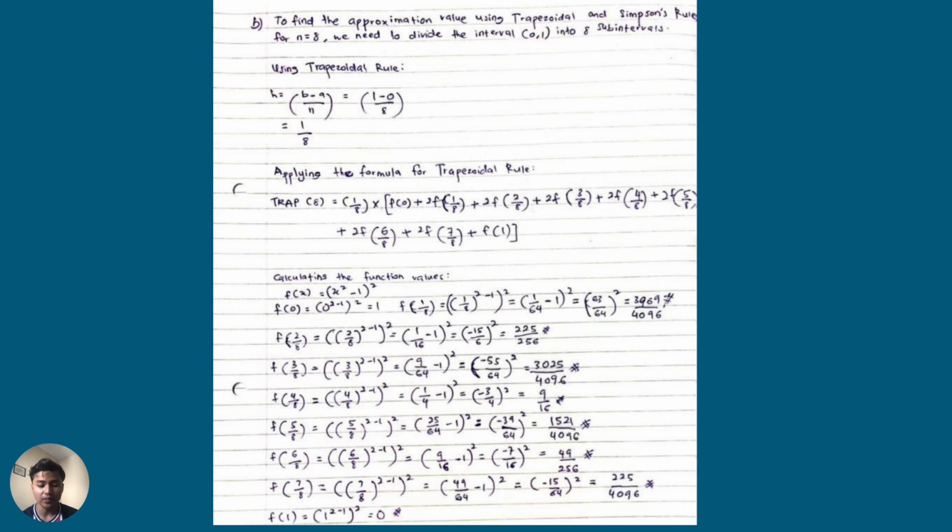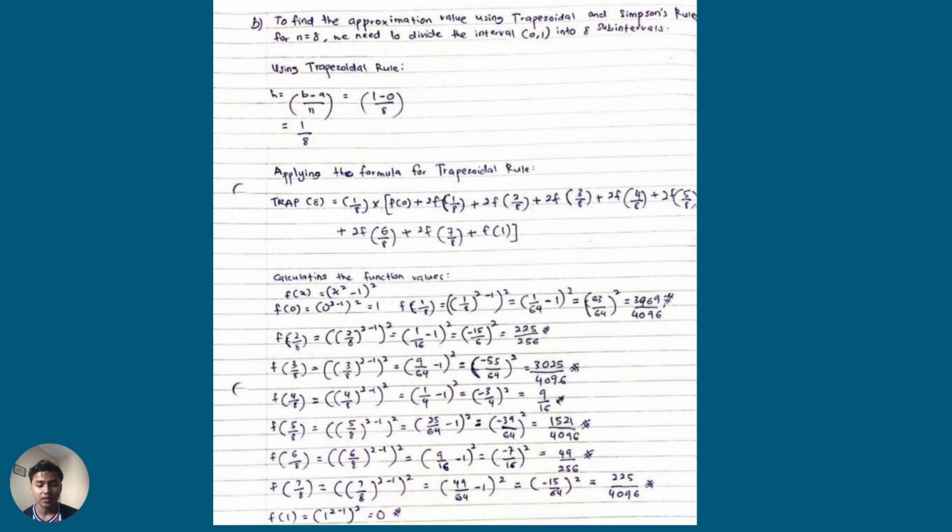And then step number 4 is f(4/8) equal ((4/8)^2 - 1)^2 equal (1/4 - 1)^2, equal with (-3/4)^2, and you can get the answer is 9/16.